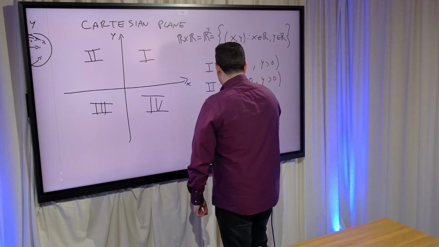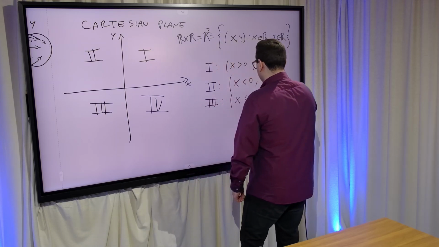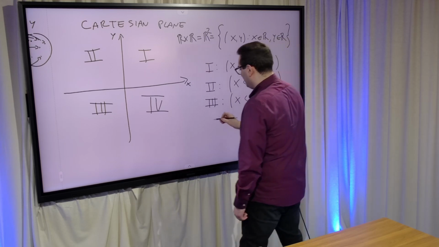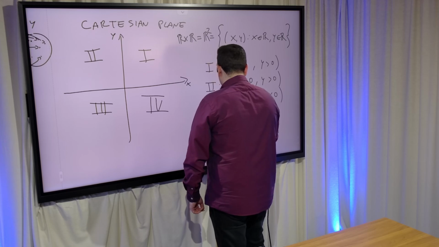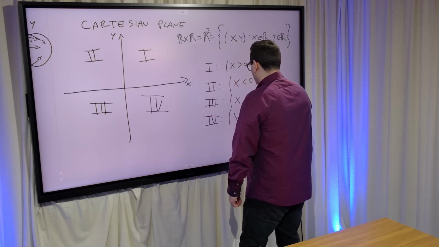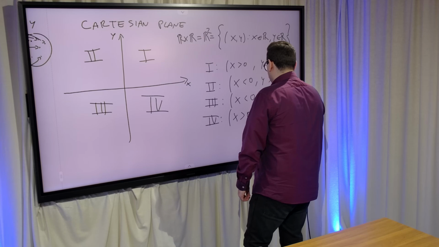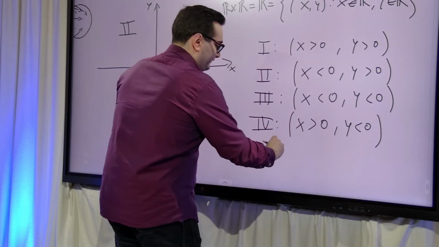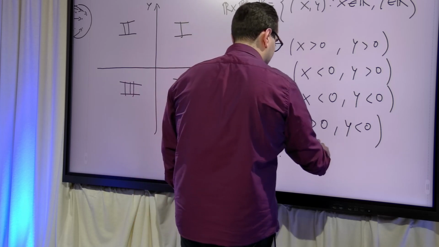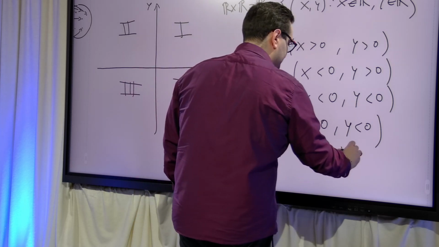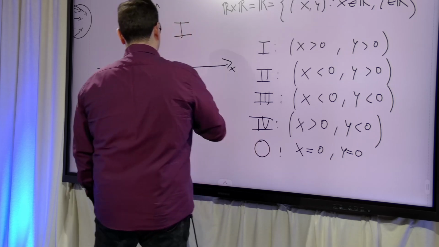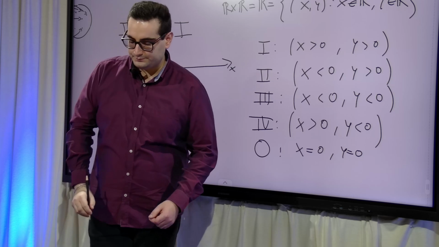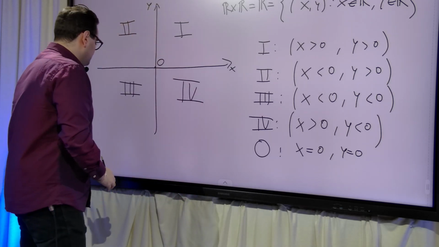In the third one I have x less than 0 and y less than 0. In the fourth I have x greater than 0 and y less than 0. When I have x equal to 0 and y equal to 0, this is the origin of the Cartesian plane, and it's this point here.